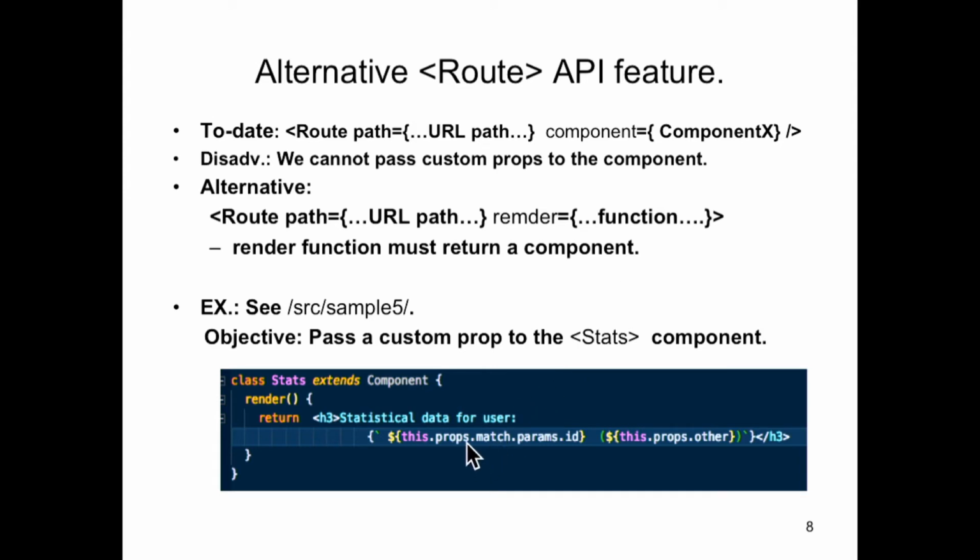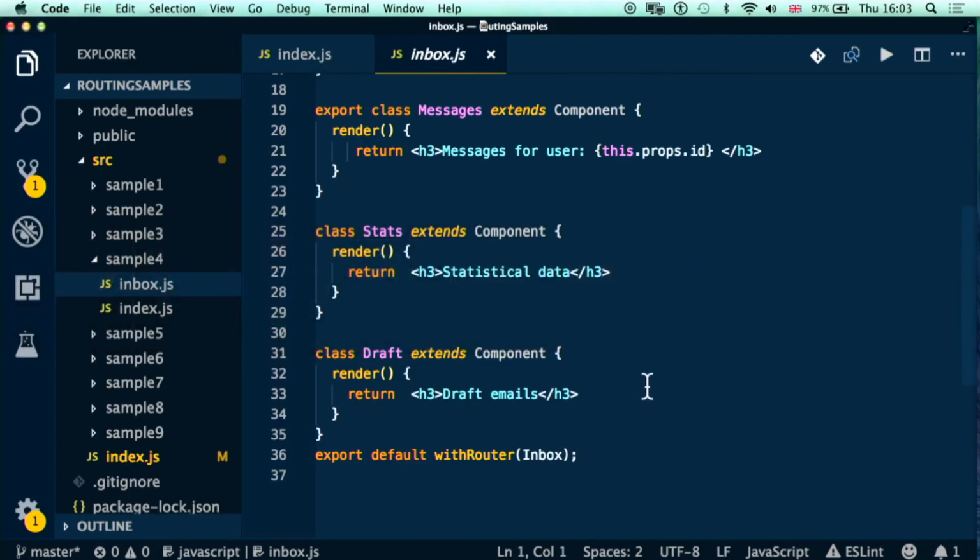The other prop that I'm displaying on the screen is just the routing related prop we know about already. So this is the custom prop that I want to be able to set up for my component. Okay, so it's sample 5, yeah. Let's see what's going on there.